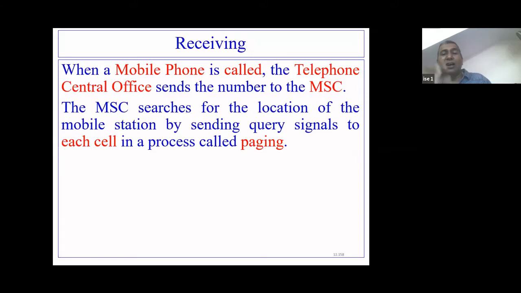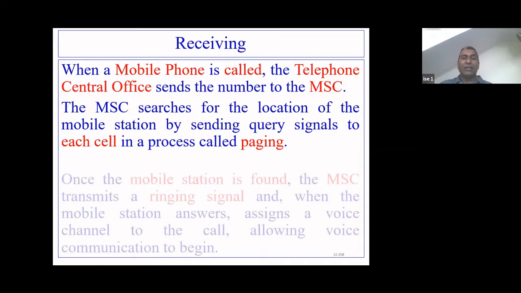You got the idea? So how does it search for the mobile station? It sends queries to all the base stations within the cells that are under the control of the MSC. This process of sending query signals to find the mobile phone of the receiver is called paging.